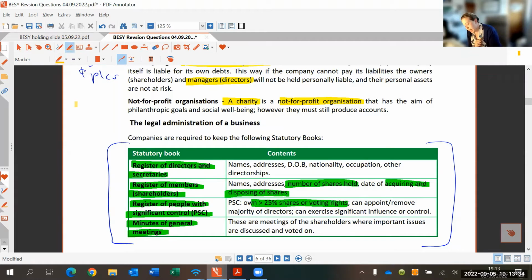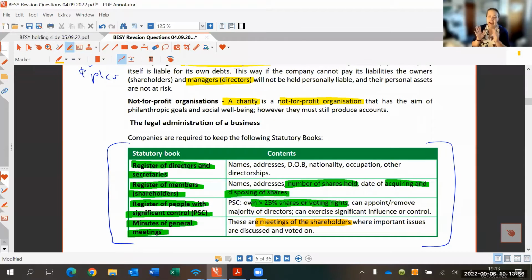Limited companies have to provide a meeting at least once a year for all the shareholders, and it can be where maybe any significant decisions are made, or the shareholders are updated on the performance of the business, but it has to be done at least once a year, and there may be votes on, as I say, those important issues.